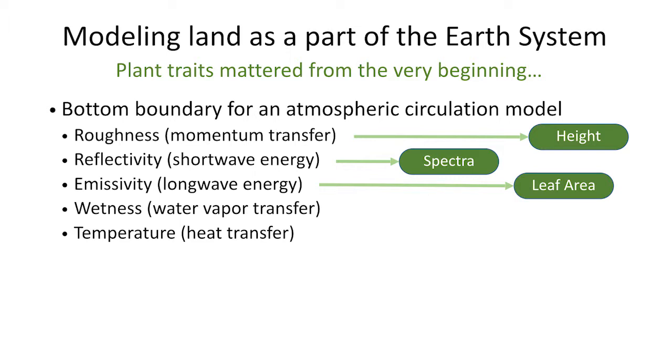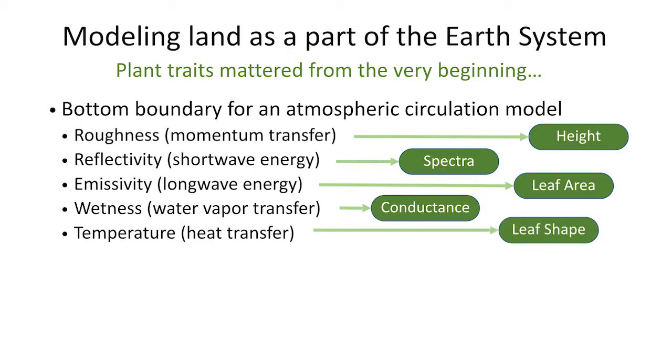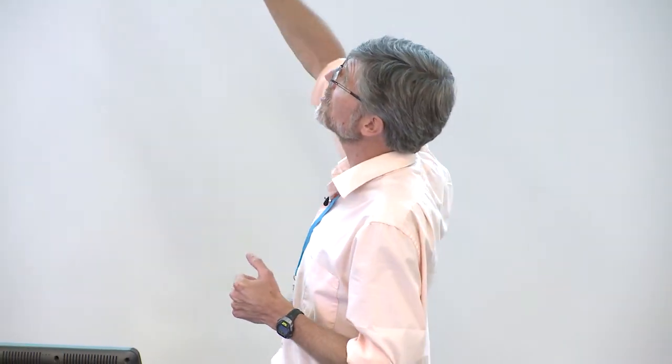Emissivity is dominated by fractional cover of leaf area versus non-leaf visible from the sky. Conductance is controlling the water vapor transfer, and as we've heard several times, leaf shape is a strong control on the temperature that the atmosphere sees on the land surface. So even from the very beginning, when there was no biology, really no land model per se in these models, just a bottom boundary condition with all of these things static, they were still traits as we describe them.